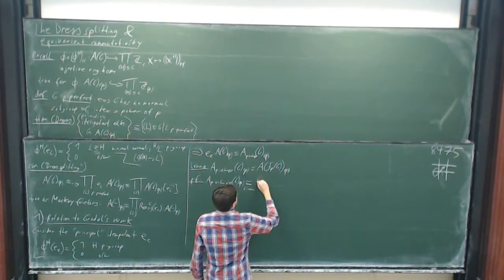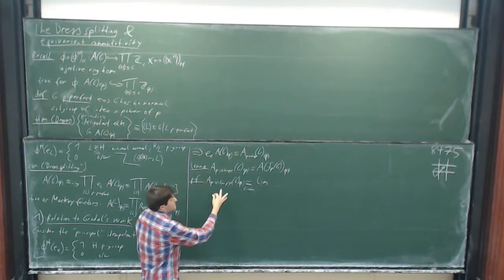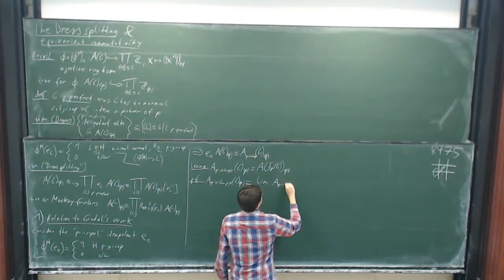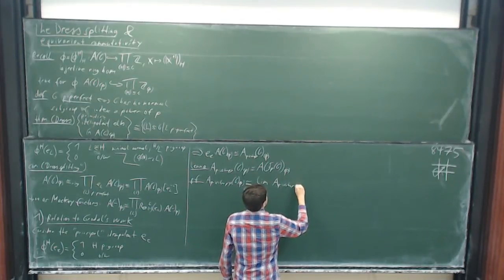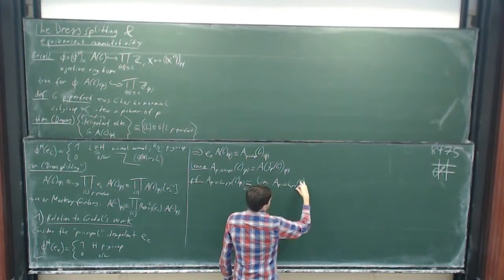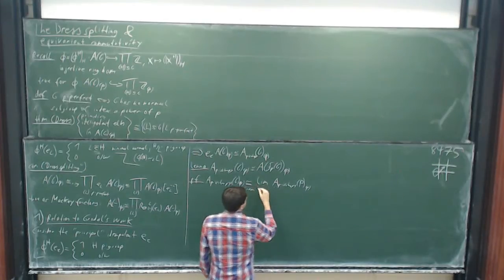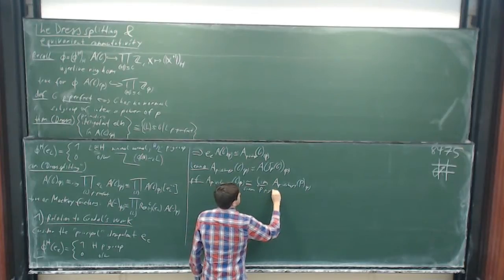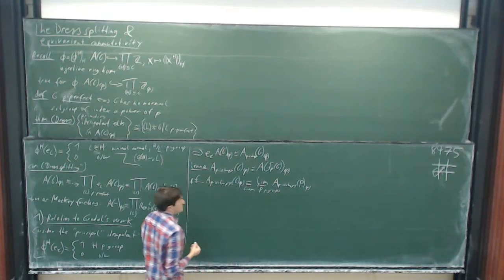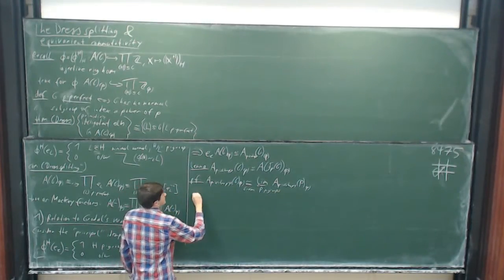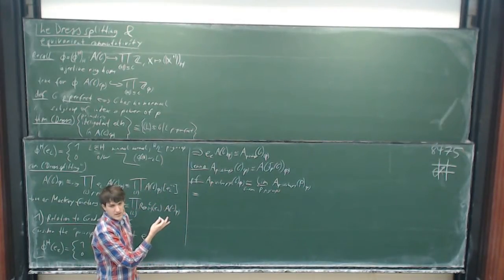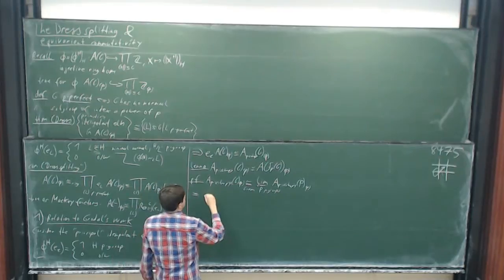And it says that this value here can be computed by a limit where we only have to evaluate at p-groups. So this runs over all p-groups. It's an inverse limit. And then you see that this is the definition of F-stable elements, and it's the Burnside ring of the fusion system.